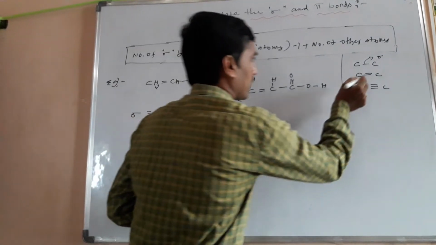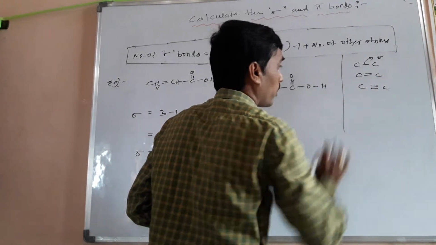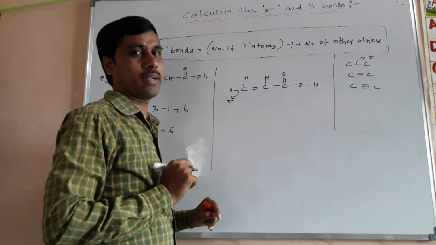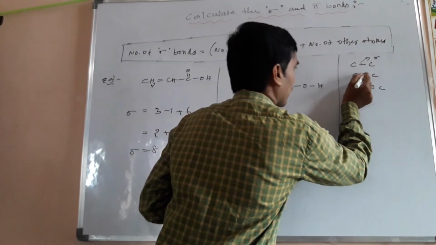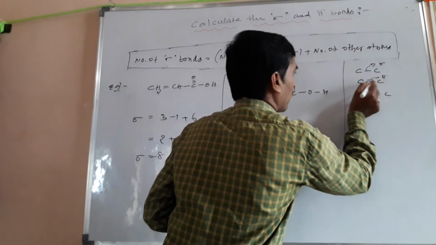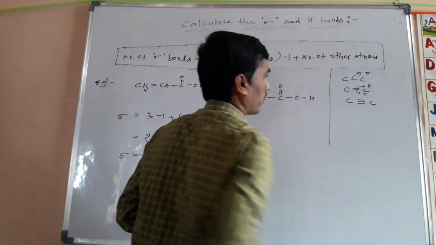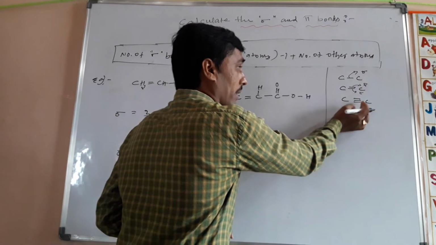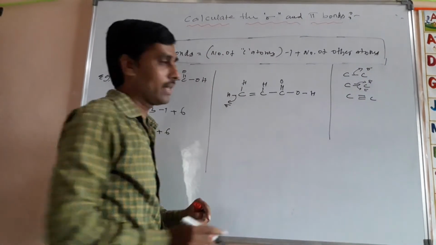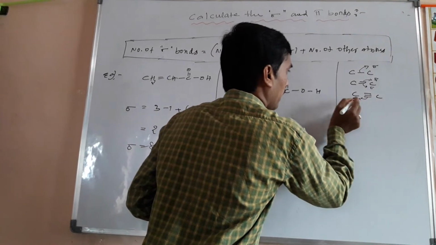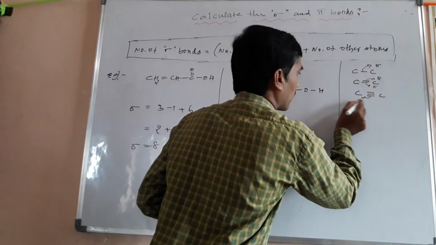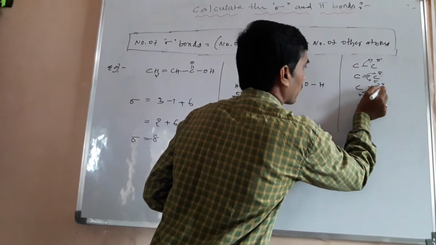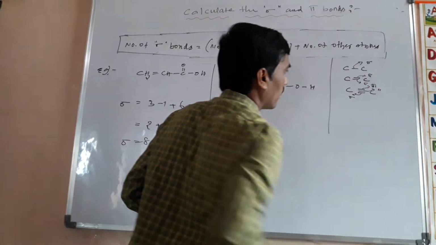In double bonds, one is a sigma bond and the other is a pi bond. In a triple bond, there are 3 bonds; one is a sigma bond and the other 2 are pi bonds.